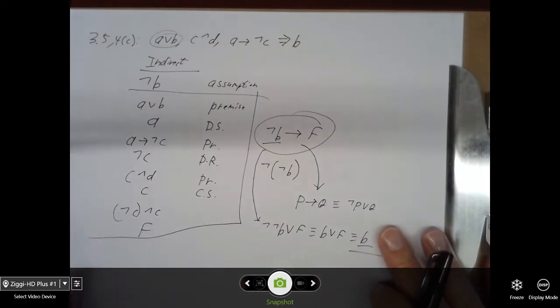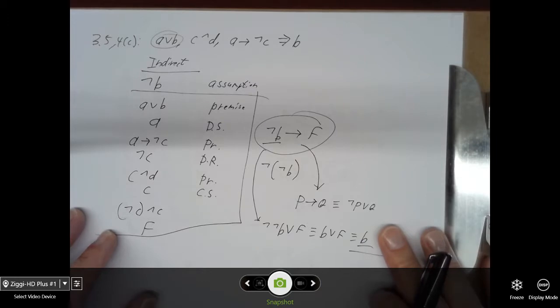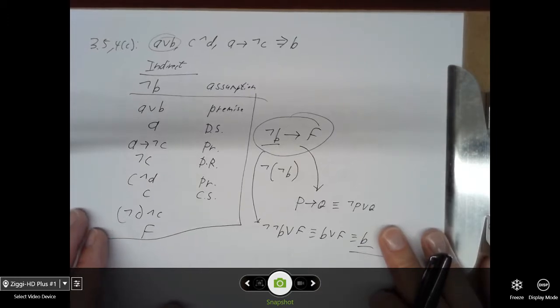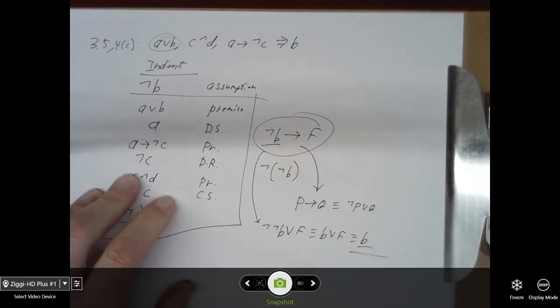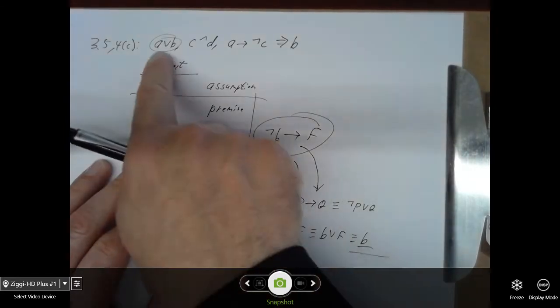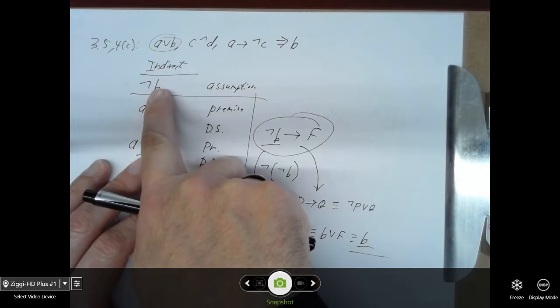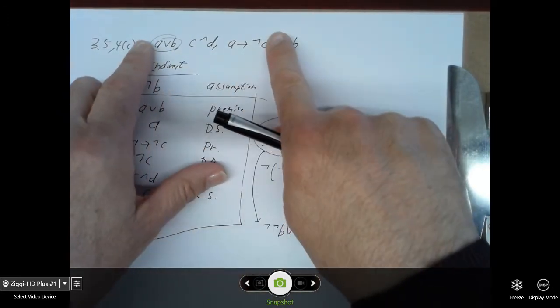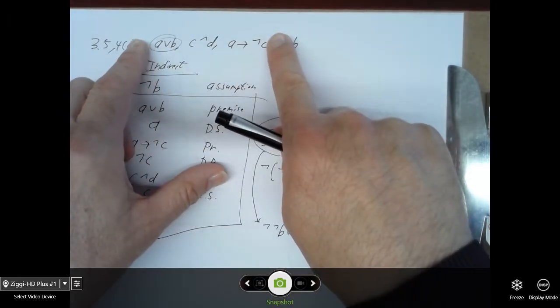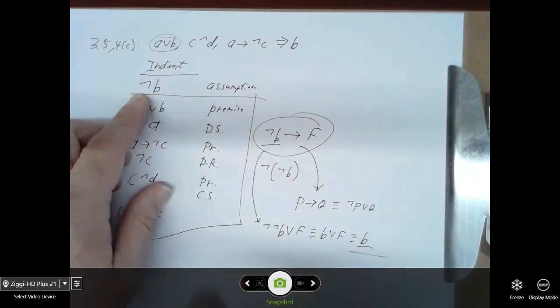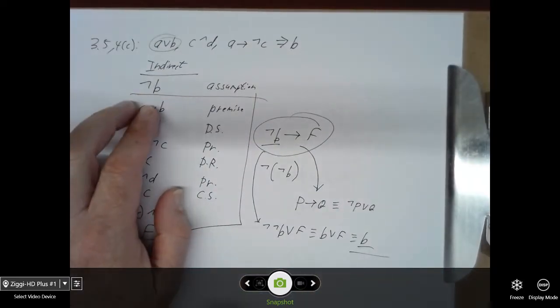So sometimes, and I think I put a note on the homework itself, I've seen people try to do an indirect proof by assuming not B, doing a direct proof on all of this that shows B, and then saying B contradicts not B, right? So there's our contradiction.